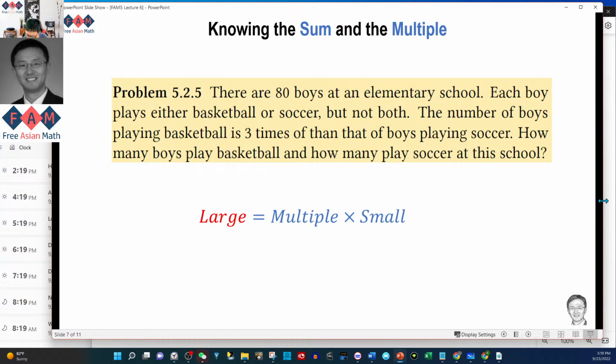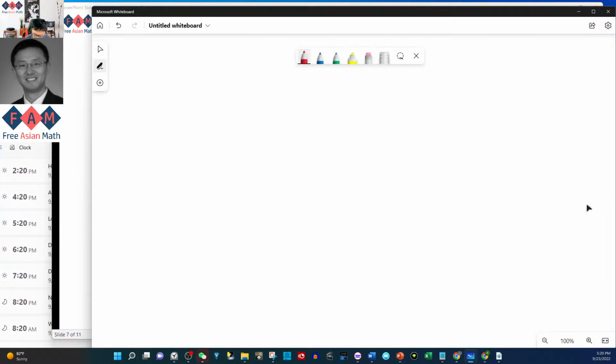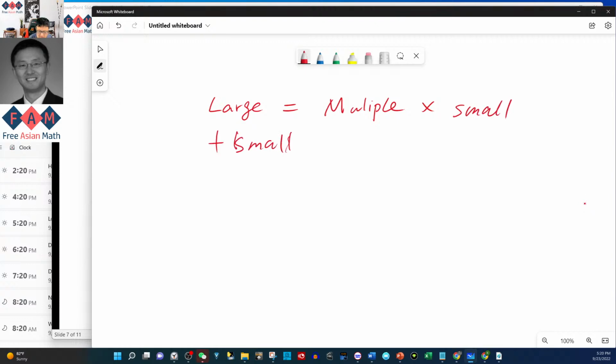Well, you can see that because the large equals this multiple times the small, if we add a small to both sides, the left-hand side becomes large plus small. That's the sum which we already know we need to figure out. We add another small.